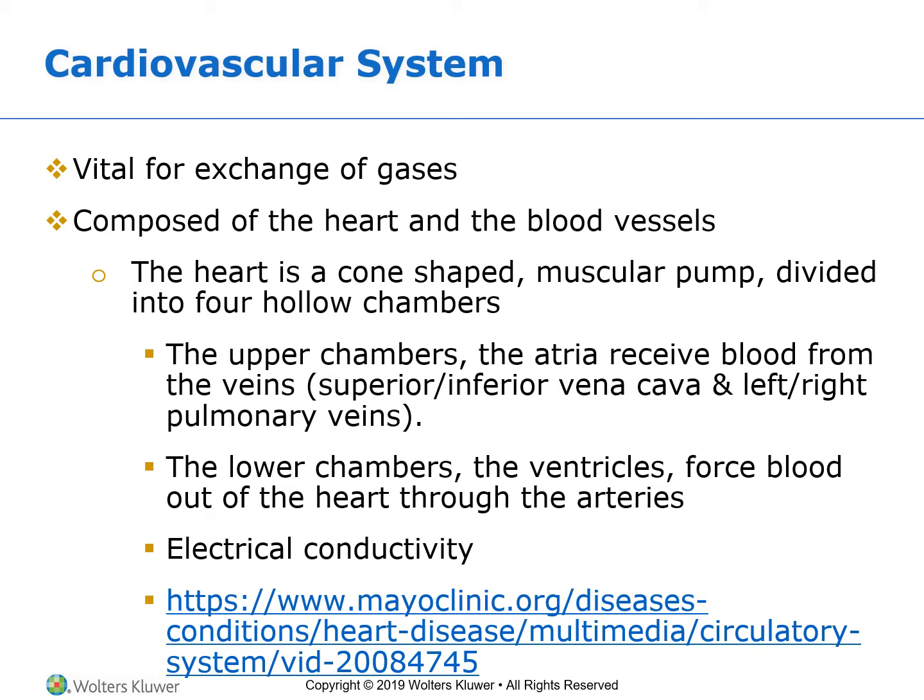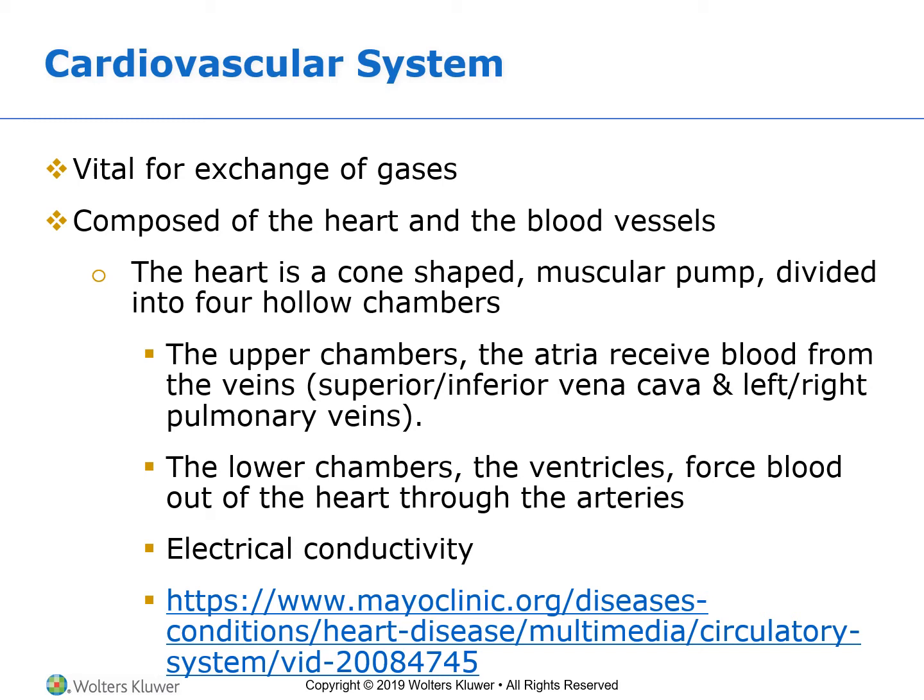As the blood is pumped from the heart out to the body through the contractions, deoxygenated blood is carried from the right side of the heart to the lungs. It picks up oxygen, it releases carbon dioxide, and then that oxygenated blood is returned back to the left side of the heart. And then it's pumped out to the body, where it can perfuse all the tissues.